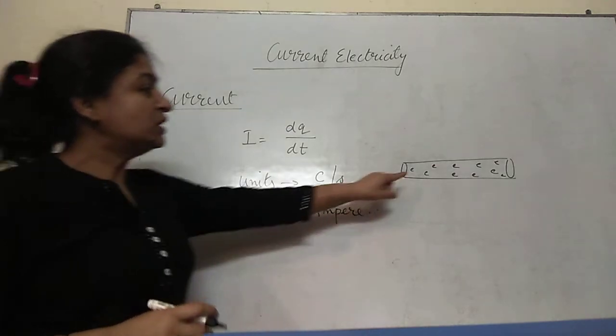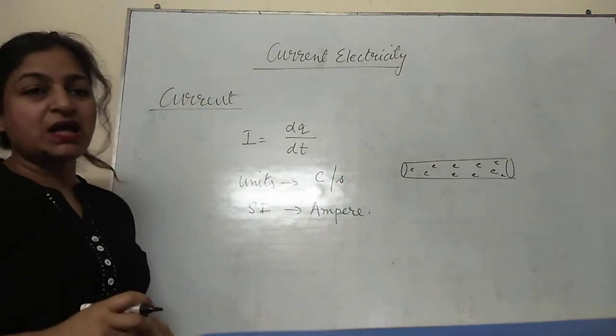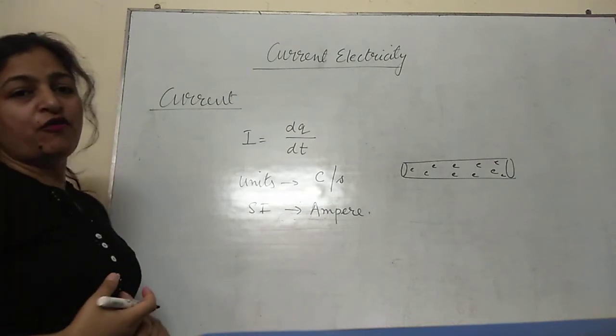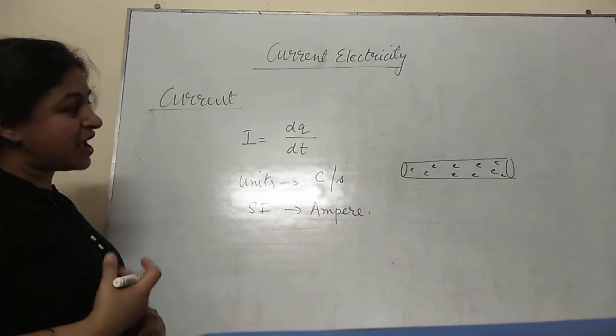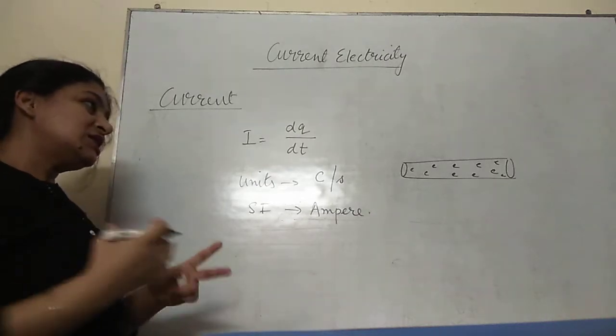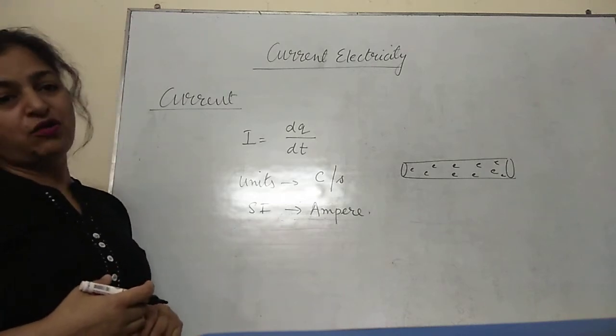But when you touch this conductor, you will not feel any current, because if you take the average of all these motions, the average velocity of an electron would be 0, because these electrons are moving randomly in all directions.